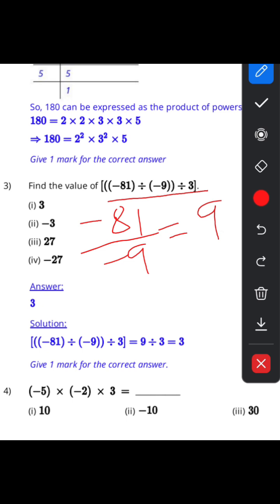When both integers are negative, the answer is always positive. That 9 we again divide by 3, 3 threes are 9, so the answer is 3. Both integers 9 and 3 are positive, so our answer is also positive. So option 1 is right.